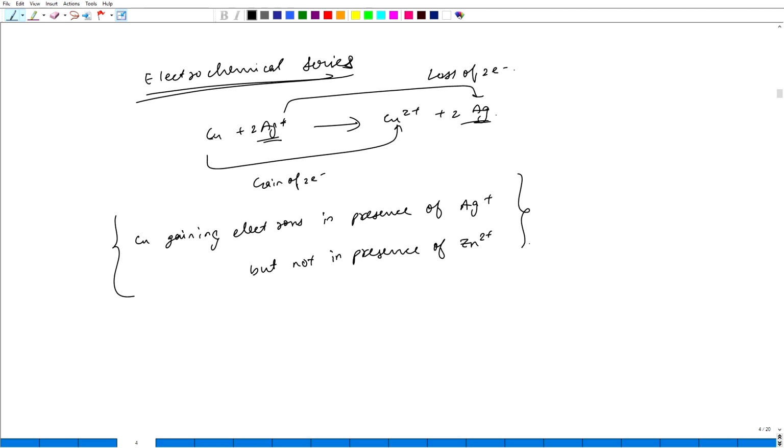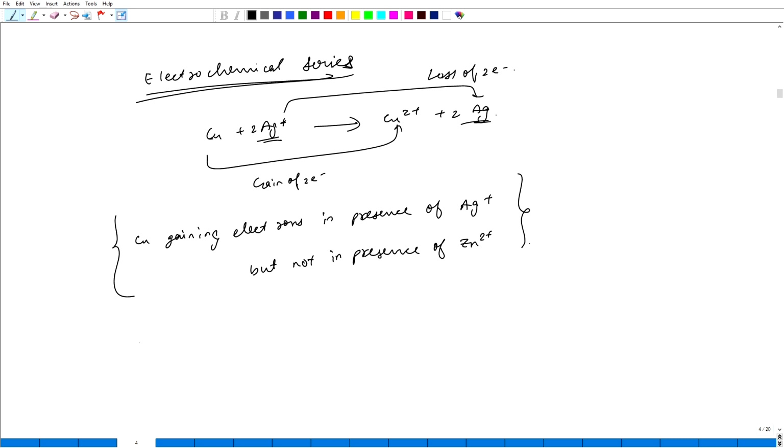That means copper is more reactive in presence of silver, but zinc is more reactive in presence of copper. There must be a series that tells us which element will get oxidized in presence of which element.